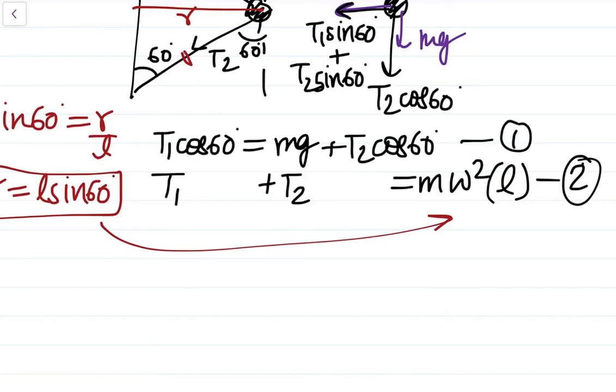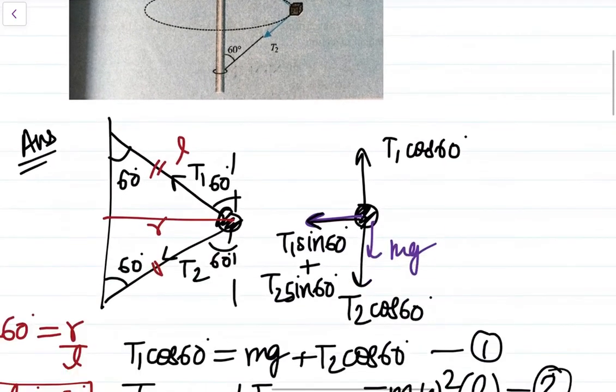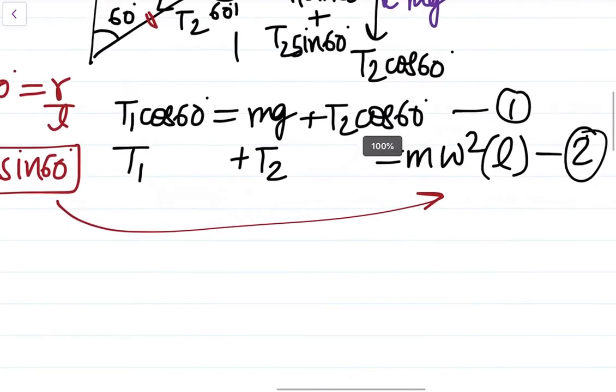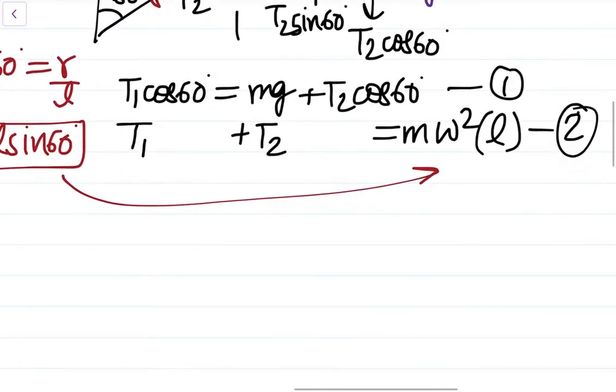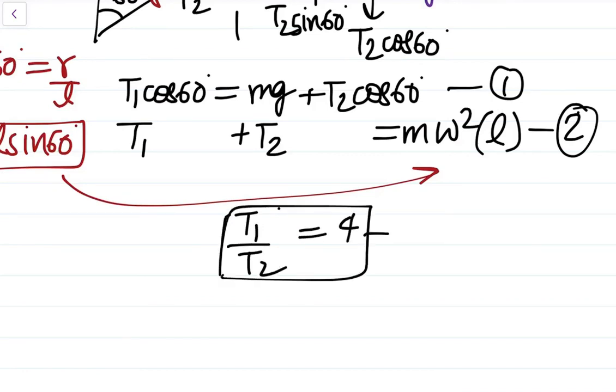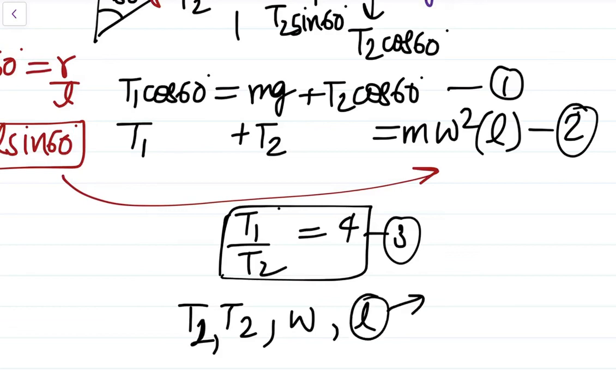Okay, these two equations, equation number 1 and equation number 2, we can easily solve, and obviously it is given that T1 by T2 is equal to 4:1, so obviously the third equation is T1 upon T2 is equal to 4. So the third equation is also given, and we check the variables here: T1 is a variable, T2 is a variable, and omega is a variable, and length L is given in the question, so it is not a variable.